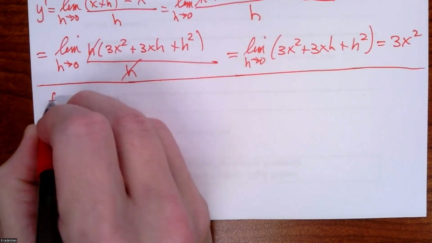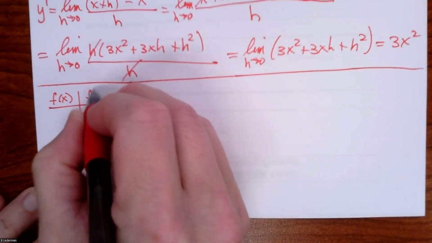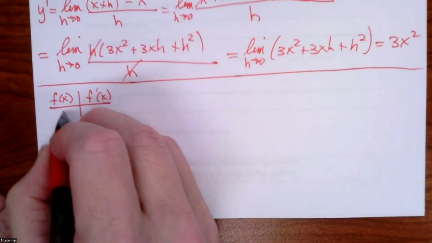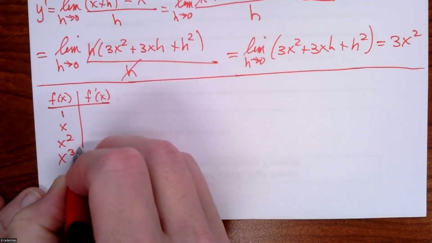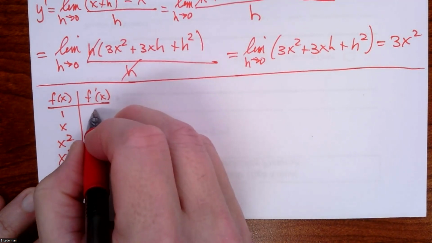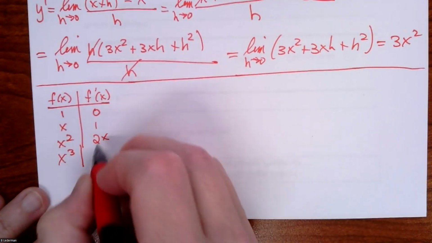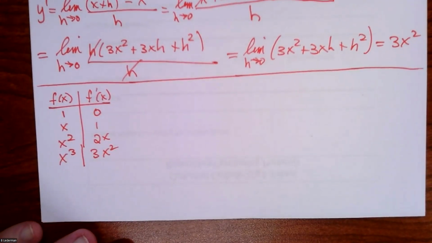Here's f of x. And here is f prime of x. So we had 1, x, x squared, and x cubed. And f prime of x was 0, 1, 2x, and 3x squared. Now, I'm going to write this a little differently also.